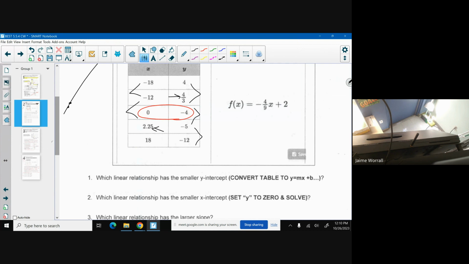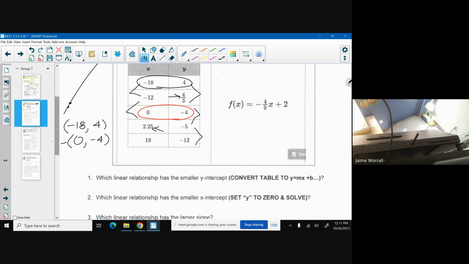I would take 2 points that have nice whole number integers and find slope that way. So I got negative 18 comma 4, and I've got 0 comma negative 4.